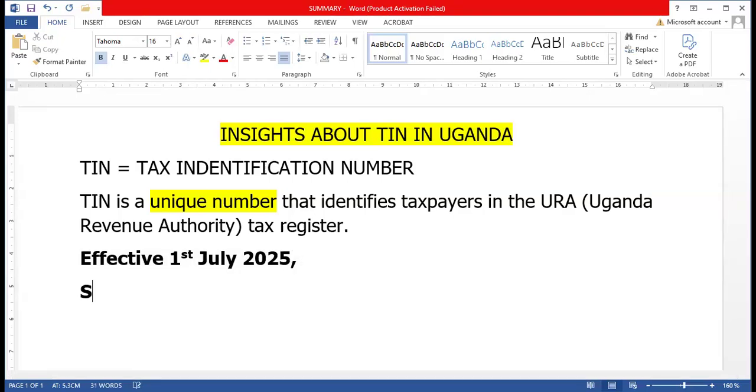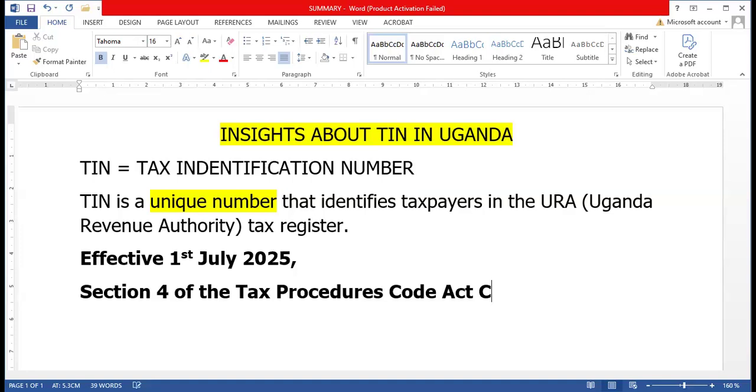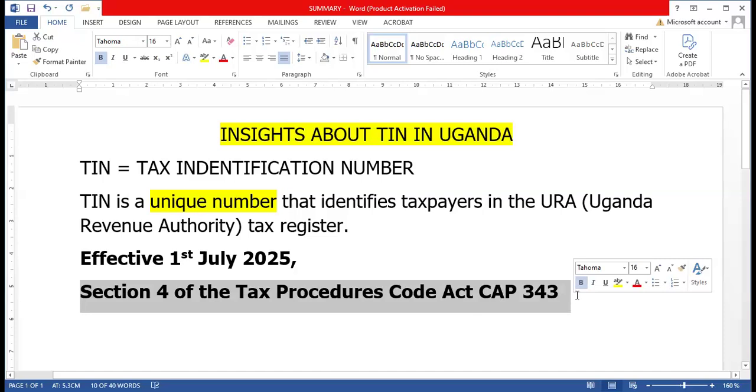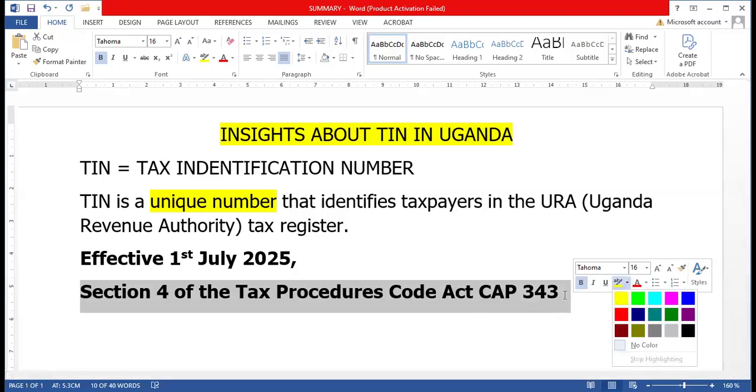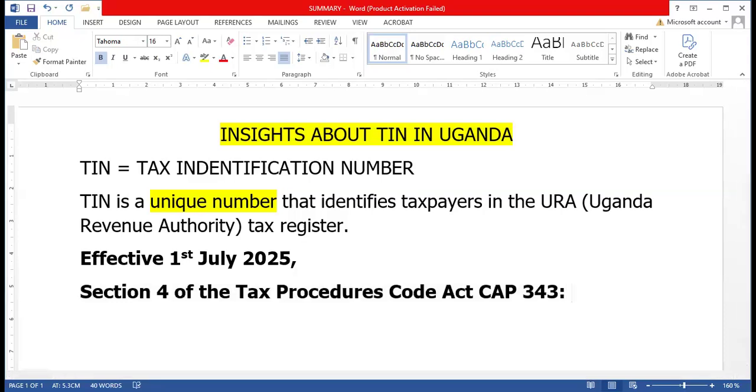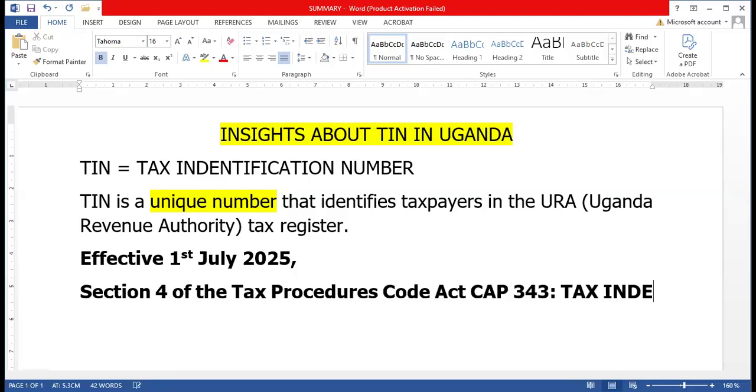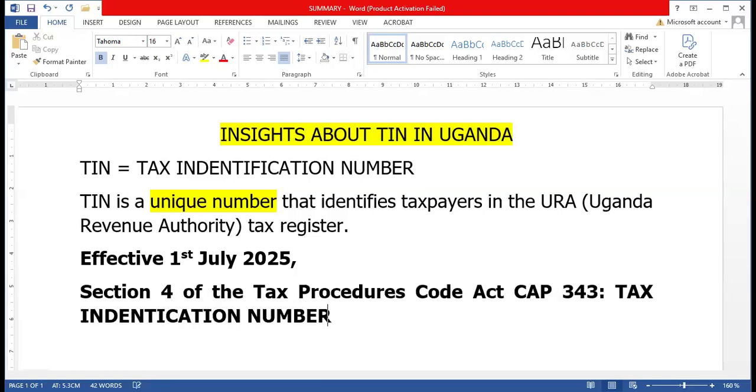When you look at Section 4 of the Tax Procedures Code Act, Chapter 343, currently you will find it talks about the tax identification number.